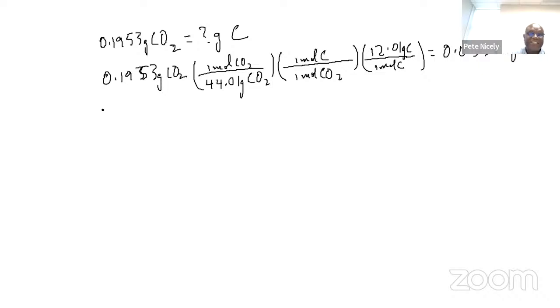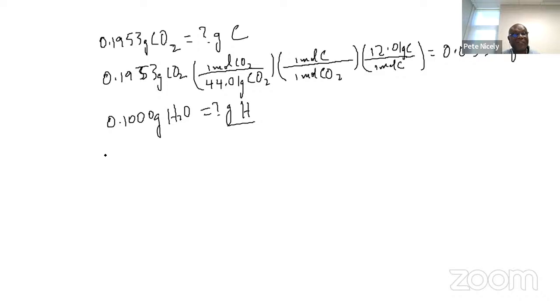And then the next step is I will use the mass of water, which is 0.100 grams of H2O, and figure out the mass in grams of hydrogen present. Again, once you find the mass of hydrogen present, that would be equal to the mass of hydrogen in the original compound.